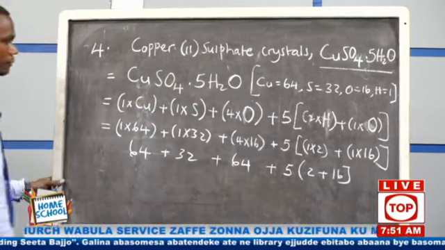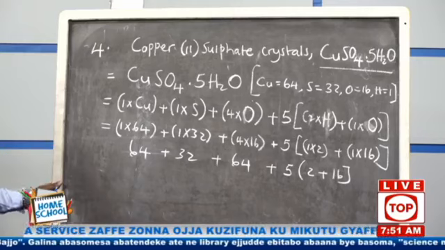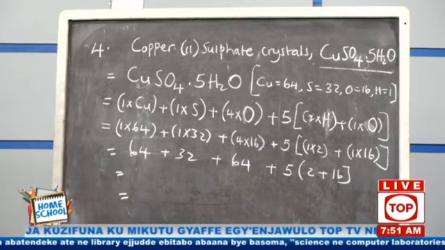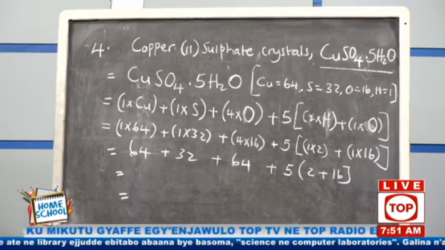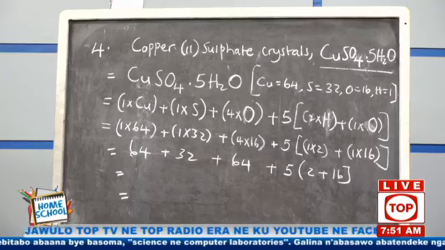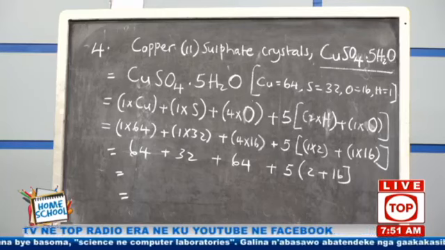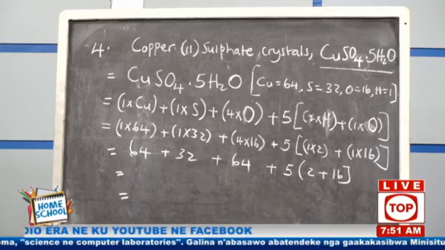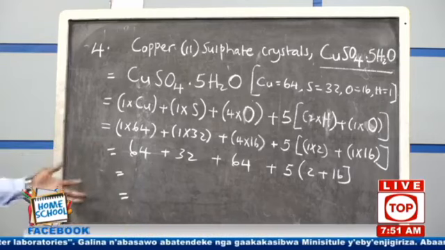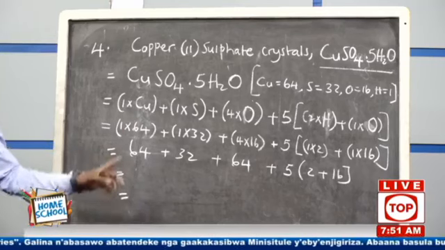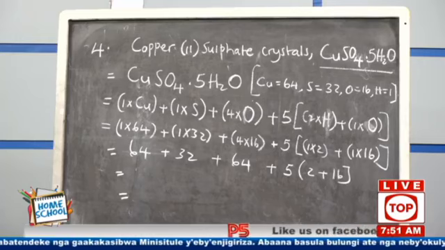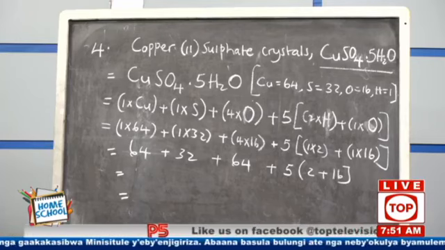Okay? I need you to follow that step and you come up with the answer. Do it there. You just need to add up 64 plus 32 plus 64 plus 5 in brackets 2 plus 16.